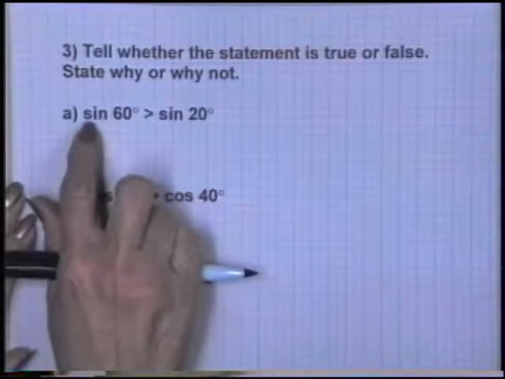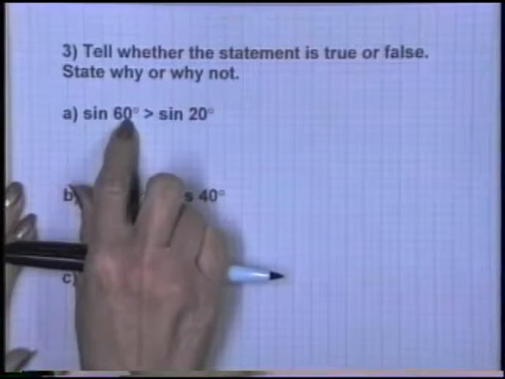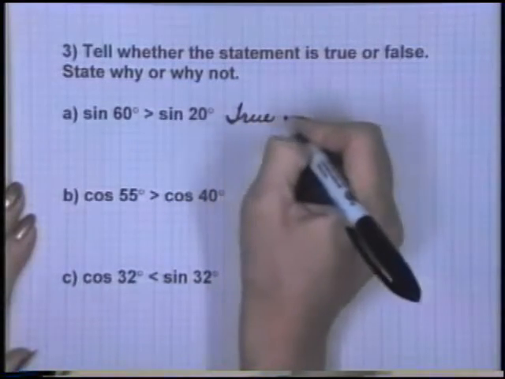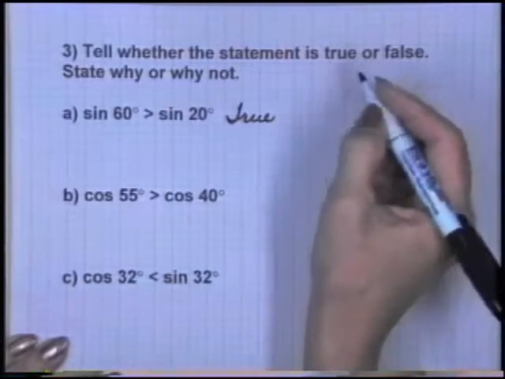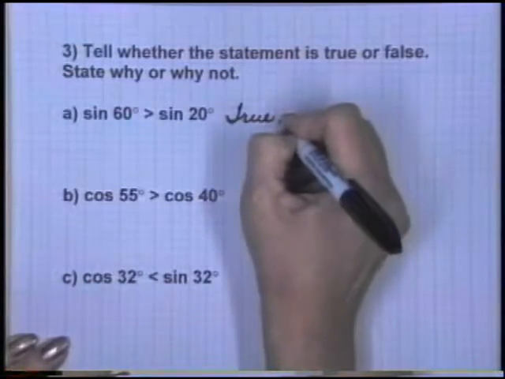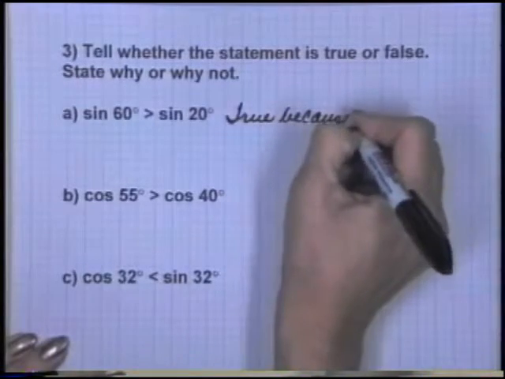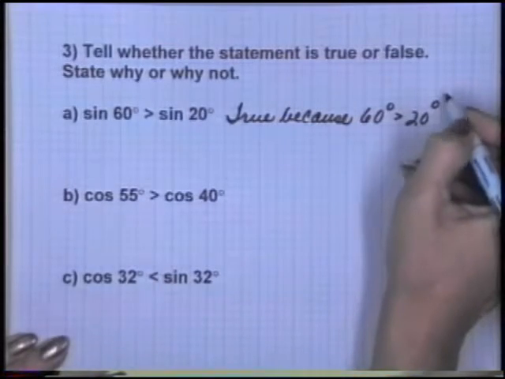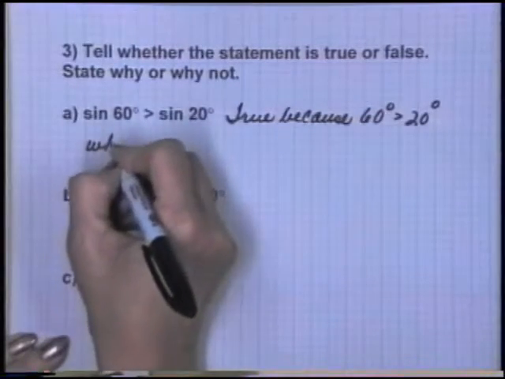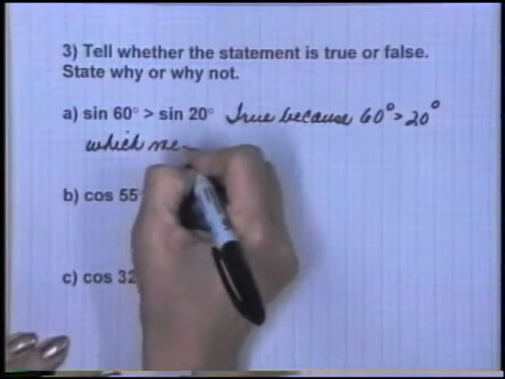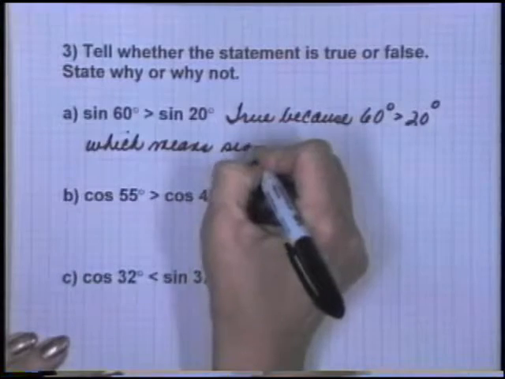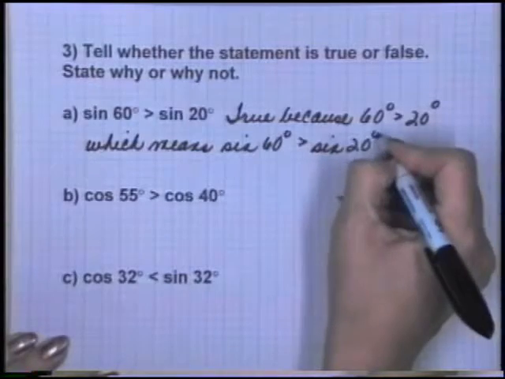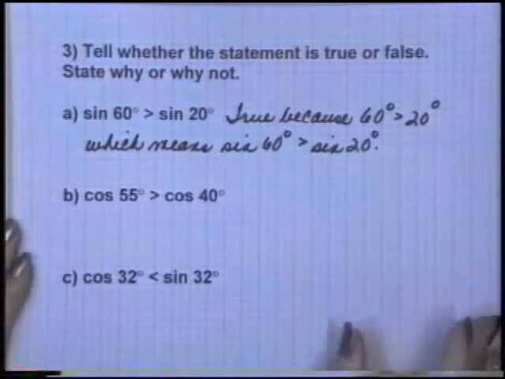As your angle gets larger, your y's get larger, and that causes the sine of your larger angles to be greater than the sine of your smaller angles as your angle increases from 0 to 90 degrees. So this would be true, and the reason it would be true is because 60 degrees is greater than 20 degrees, which means the sine of 60 degrees will be greater than the sine of 20 degrees.